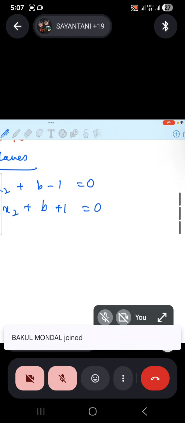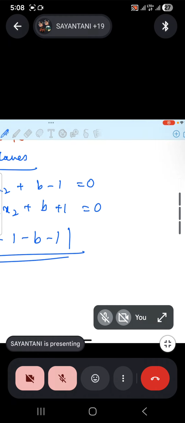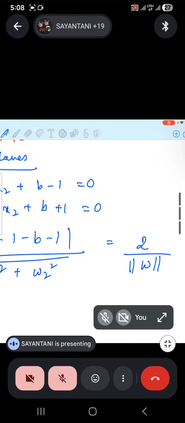So the distance d will be evaluated as this, with w1 squared plus w2 squared under the square root. Finally, we get 2 divided by modulus of w.